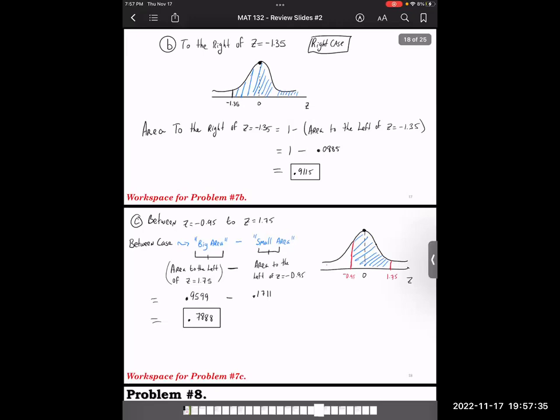On the other hand, if you have the between case, think of it as big area minus the small area. The area to the left of the larger z value minus the area to the left of your smaller z value. Find those areas in your z table, take the difference, voila, got the answer. Any questions?